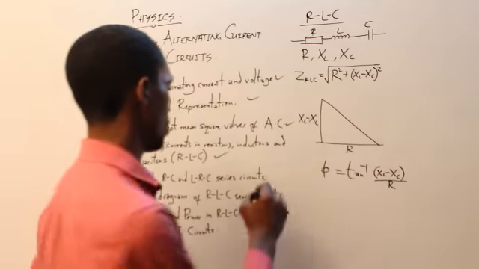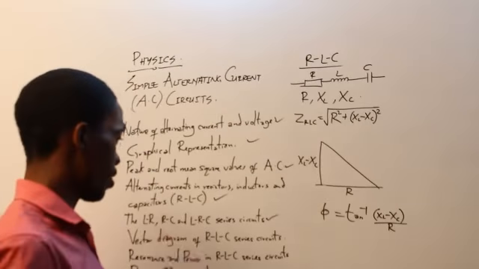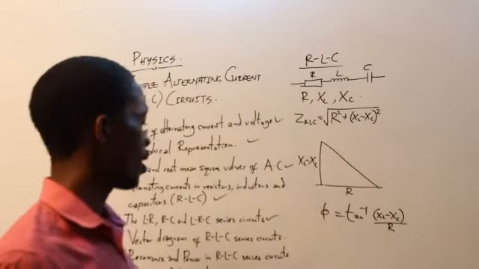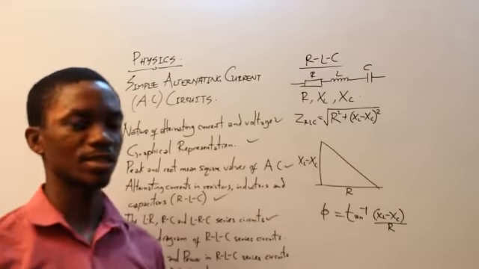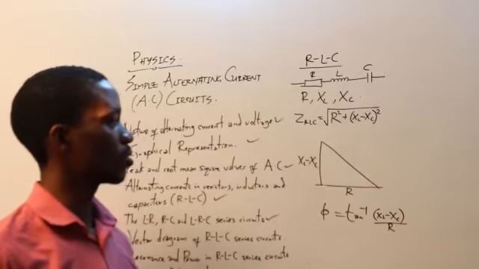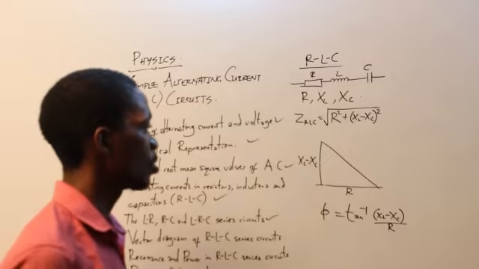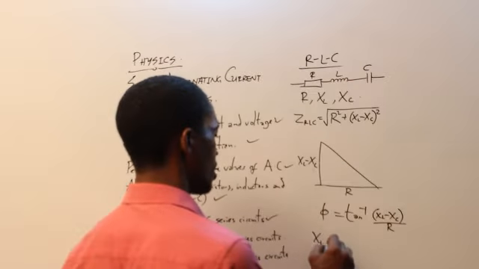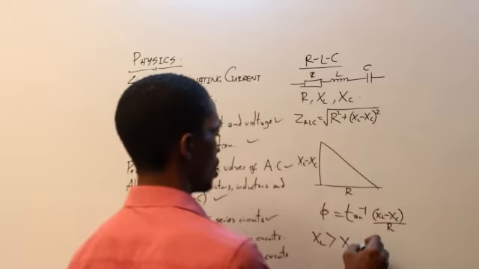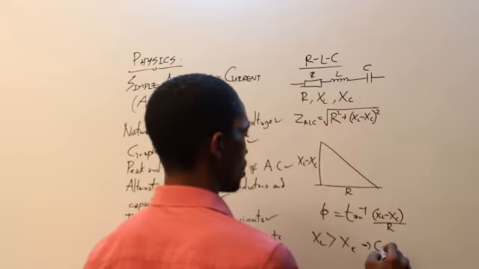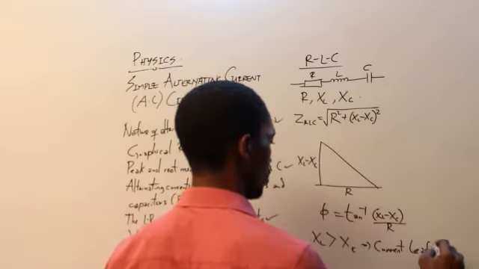Alright, we've spoken about this. Of course, when we talk about the vector diagram of the RLC circuit, that is the resistance, inductance, and capacitance series connection circuit, we are talking about this diagram that we have been drawing all along. Now, there are certain things to note. When our XL is greater than XC, it suggests that the current leads the voltage.